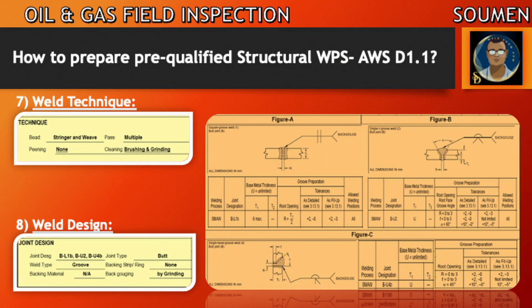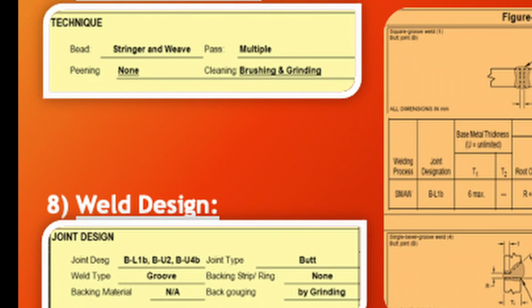Now the 7th and 8th blocks are weld technique and joint design. I have taken a very simple welding procedure for better understanding since we are at the initial stage of preparing a WPS. Figures A, B and C we have discussed before, and you can see the same thing mentioned. Technique is stringer and weave bead, multiple passes, peening. Peening means hammering or putting external force on the weld, which is not allowed in company or client standard.